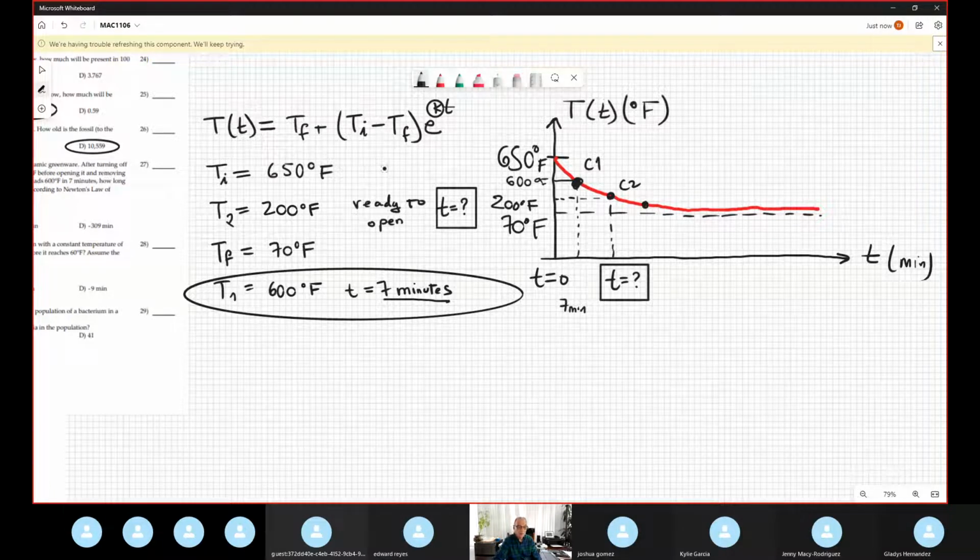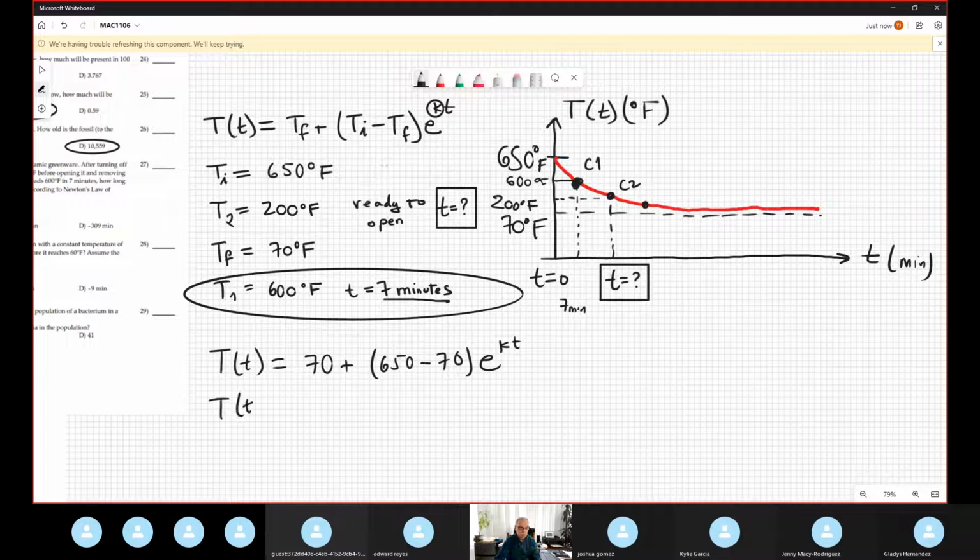Let's do it. I come back to the formula. Temperature at any time is equal to 70 plus 650 minus 70 times e to the kt. Now the subtraction is 580, no? So it's 70 plus 580 e to the kt. Okay, nice.